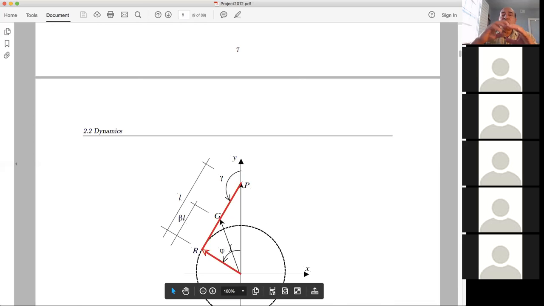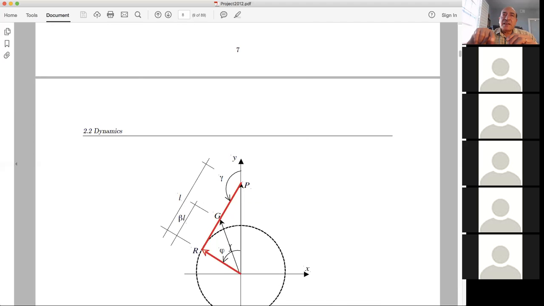The most important angle is phi, which describes the motion of the crankshaft, and the time derivative, phi dot, is essentially the RPM, omega, or the angular velocity omega. Omega is a constant value, so phi dot is a constant in this analysis.